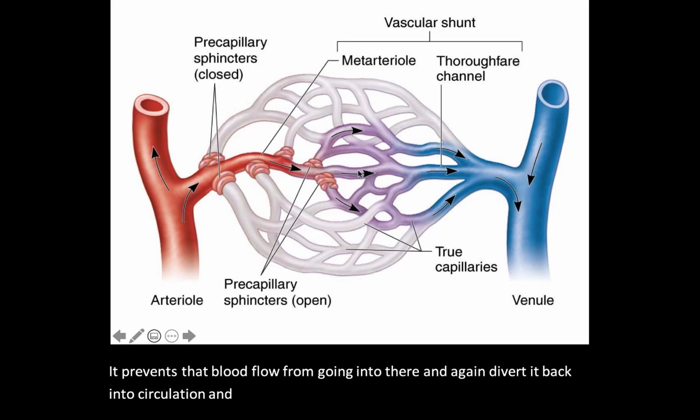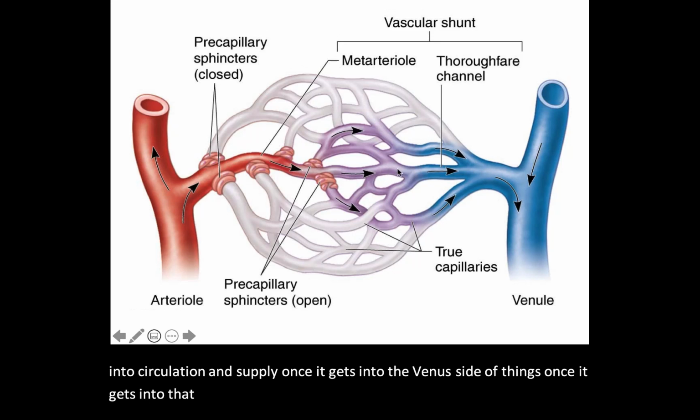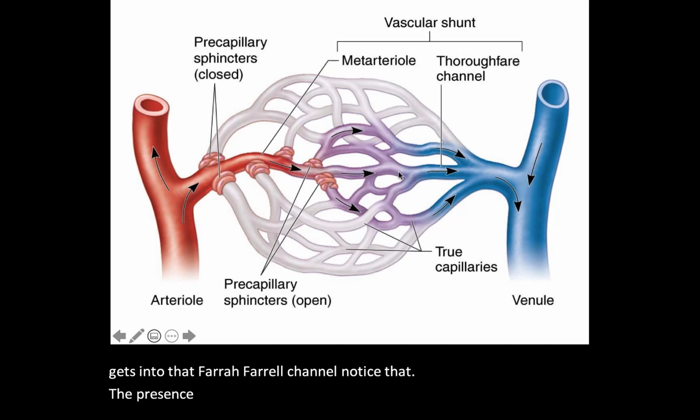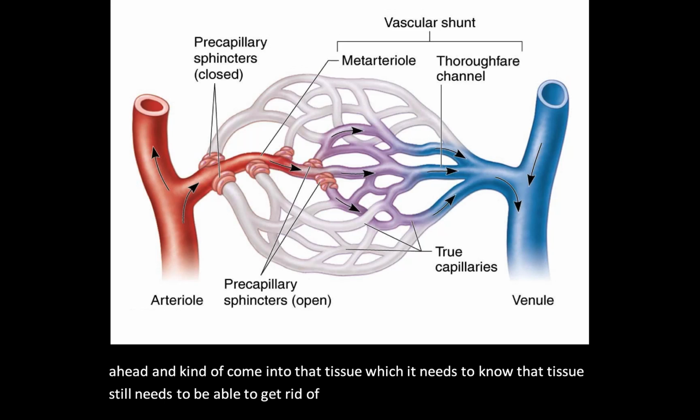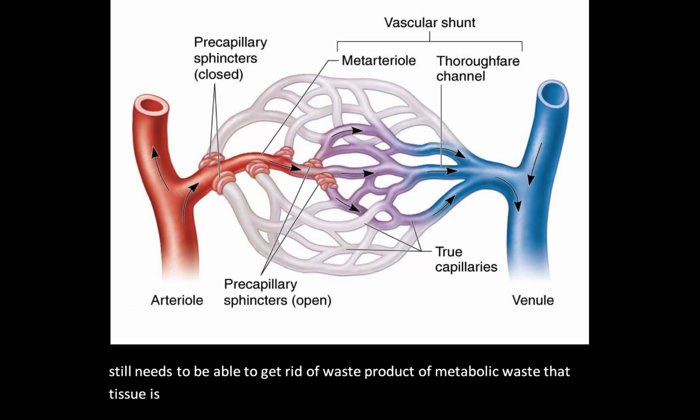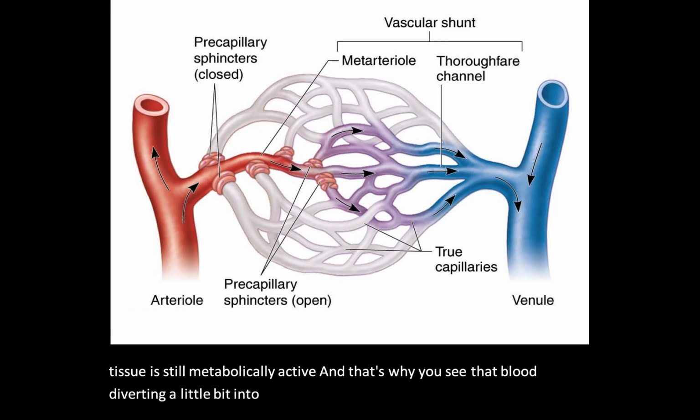Once it gets into the venous side of things, once it gets into that thoroughfare channel, notice that the presence of precapillary sphincters diminishes. And so blood will kind of come into that tissue, which it needs to. That tissue still needs to be able to get rid of waste product, of metabolic waste. That tissue is still metabolically active. And that's why you see that blood diverting a little bit into the capillary bed right there to allow for the removal of metabolic waste.